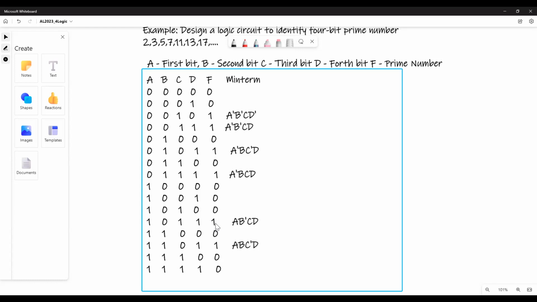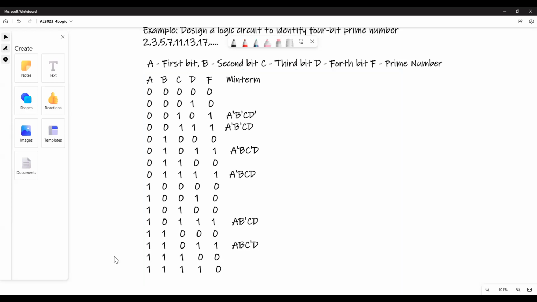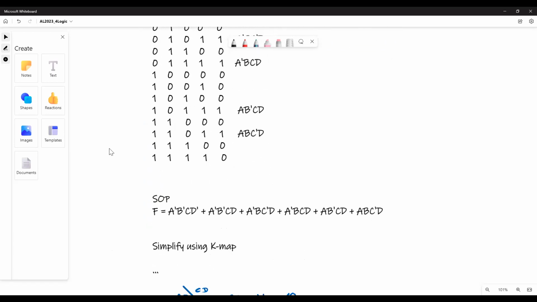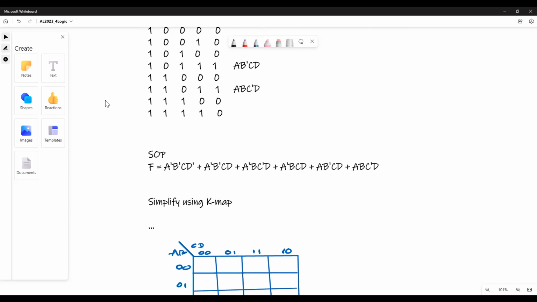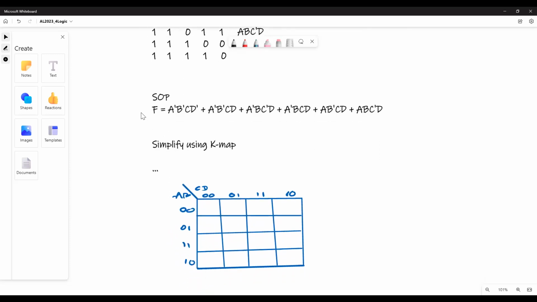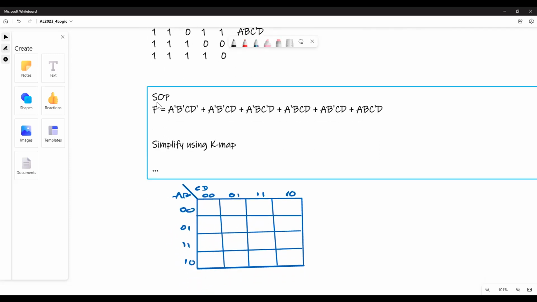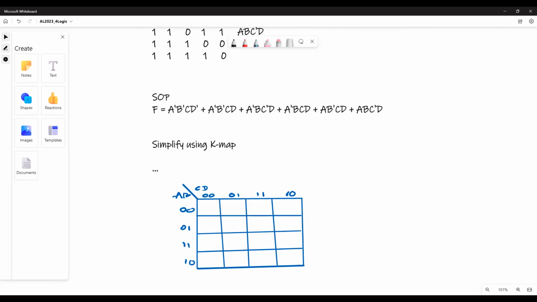Then we have 13. That's what we have, right? So we have 1, 2, 3, 4, 5, 6 terms. After completing this, I wrote the SOP expression, and once I have the SOP expression, I'm using a Karnaugh map.